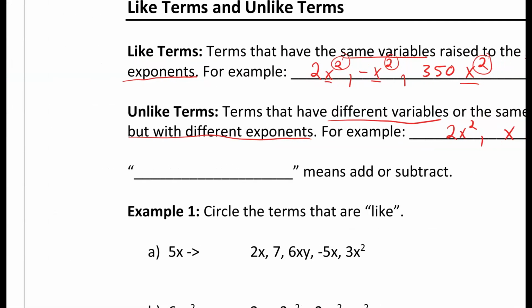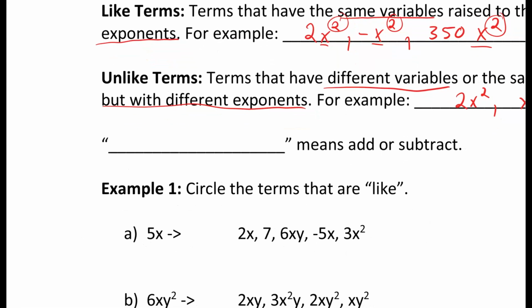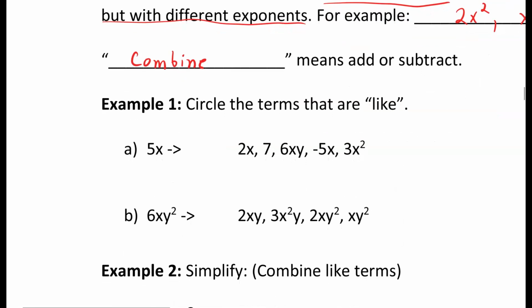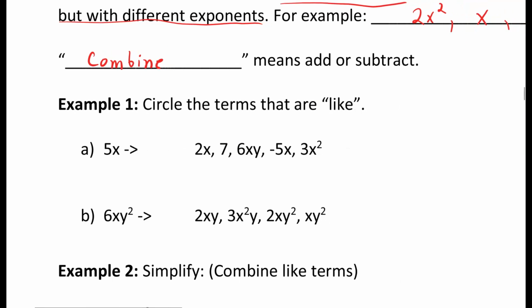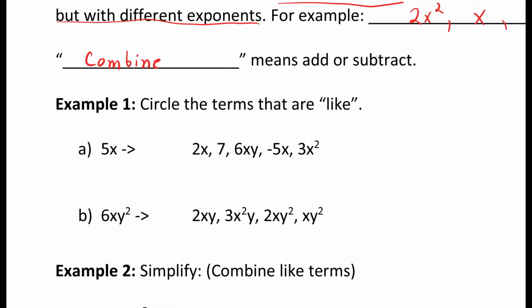Now, our goal is to always simplify and combine the like terms, which means we're going to add or subtract them. So once you find your like terms, you want to add and subtract amongst the like terms to simplify your expression. In example 1 here, it says to circle the terms that are like.